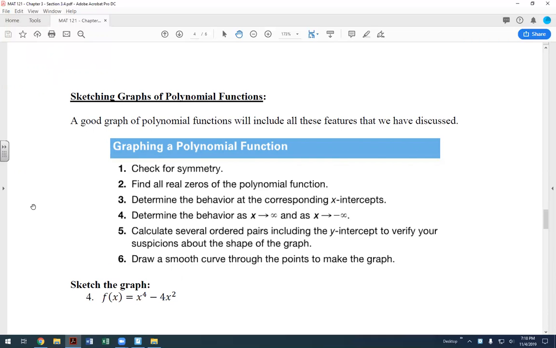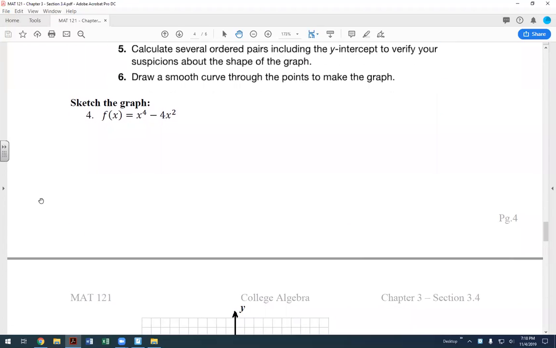This one here, number 4, is your leading coefficient test, the example that we just did. Calculate several other ordered pairs. Make sure one of them is a y-intercept. And then hopefully we should be able to get enough points that we can draw a smooth curve and draw our graph. So let's start here with number 4.